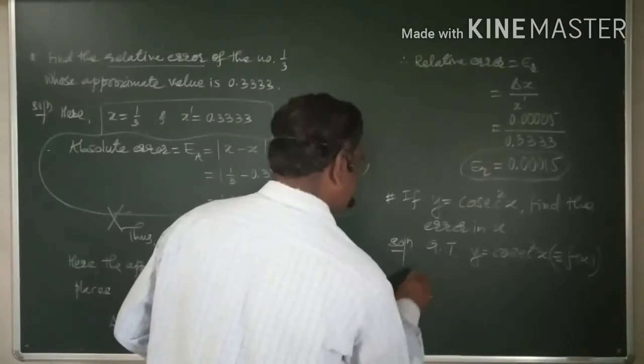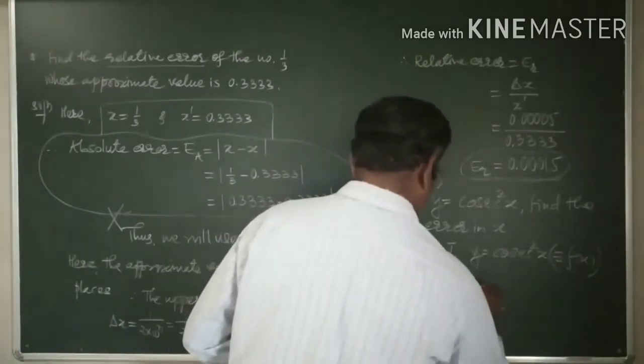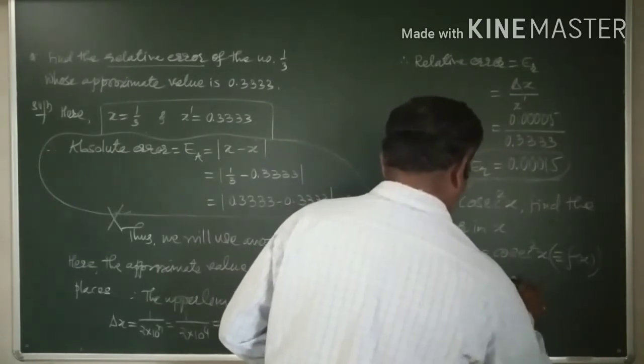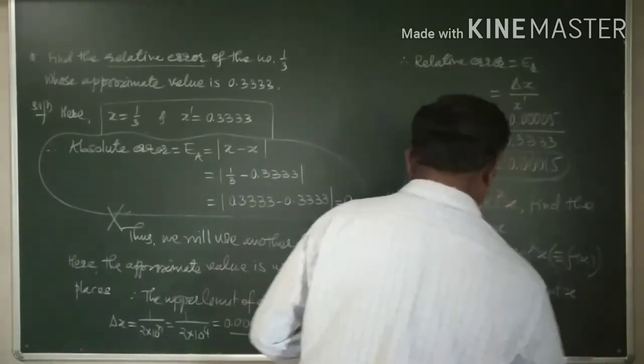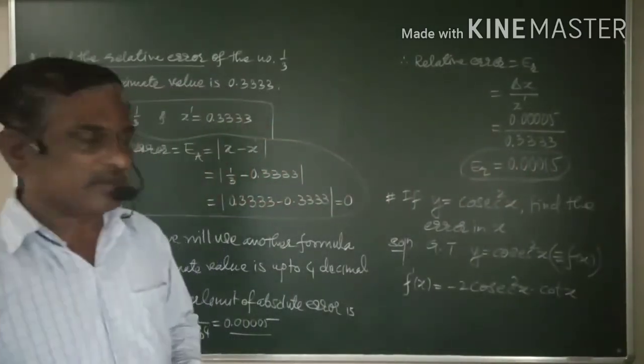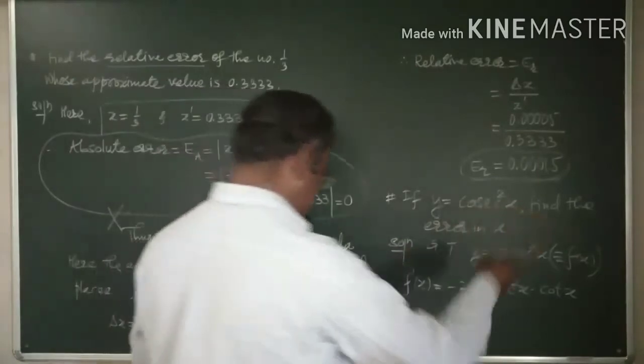Therefore, what we do? Differentiate it. f dash x is equal to minus 2 cosec square x into cot x, right? The derivative, as you know the formula for the derivative of cosec square x from your 11th and 12th standard.